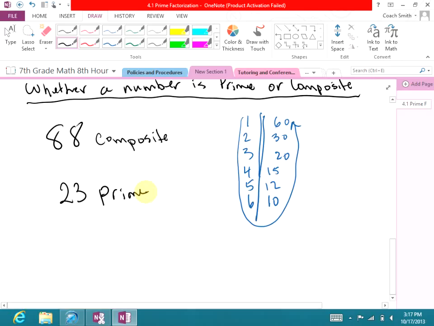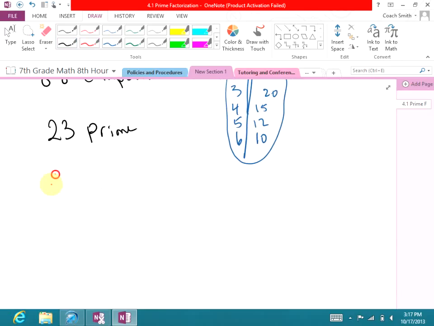How do you know if it's prime or composite? I'll give you a good example. 51. 51 is odd, so there's a chance that it's prime. But it's not. The reason I know it's not prime is because I know my rules for divisibility.